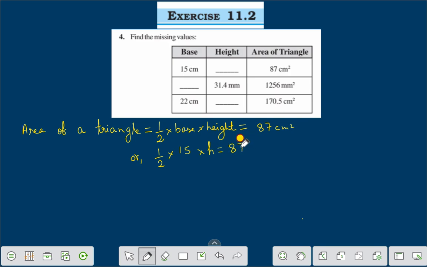Or you can write 15 into h, that is 15h, is equal to 87 into 2 centimeter square.